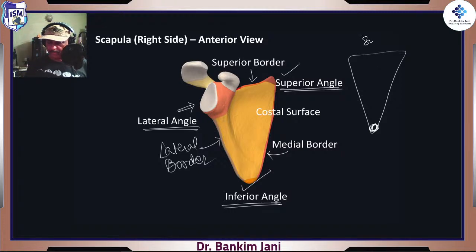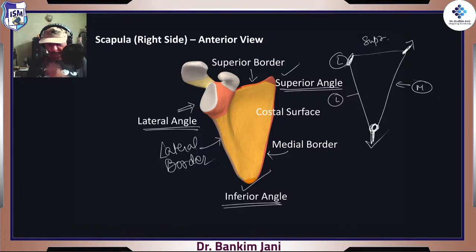So here is the superior border, that one is the medial border, this one is the lateral border, this is the lateral angle, this would be the superior angle, and this would be the inferior angle. True? This is the costal surface, because it will be in association with costas, that is the ribs.